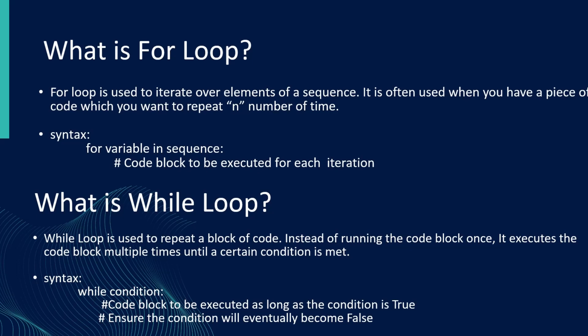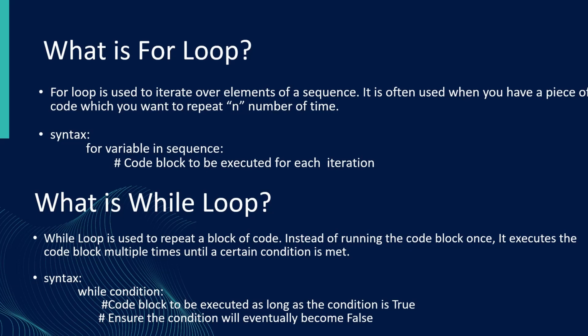This type of iteration happens until it reaches the last number. That is the work of a for loop. You can repeat a task whatever number of times you want. That is called a for loop.